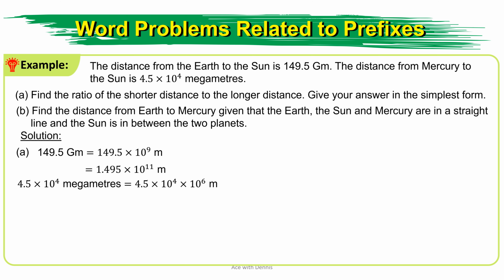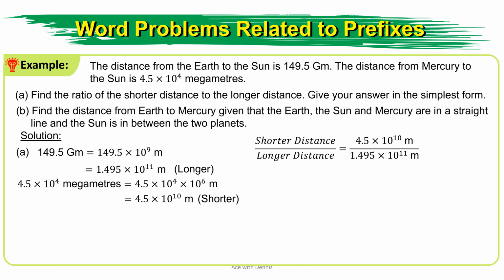For 4.5 times 10 to the power 4 megameters, it equals 4.5 times 10 to the power 4 times 10 to the power 6 meters. Combining them together, we get 4.5 times 10 to the power 10 meters. Therefore, the first distance is the longer distance, and the second distance is the shorter distance.